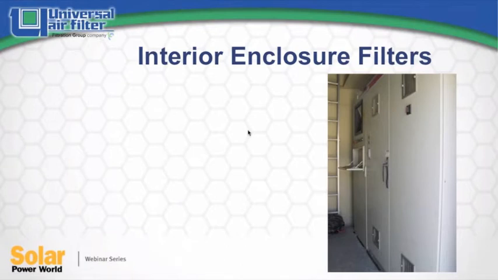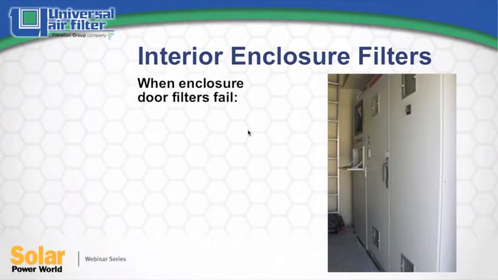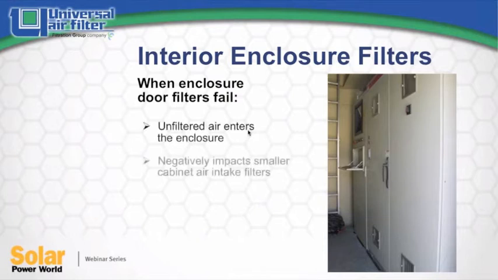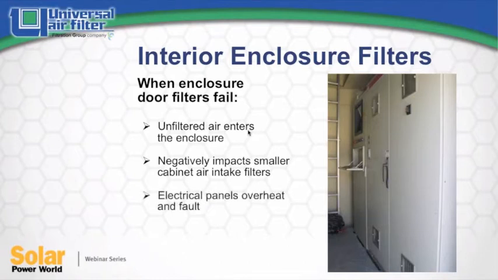When enclosure door filters fail, it's not good for sophisticated equipment housed within. When the doors fail, unfiltered air enters the enclosure. This will impact smaller cabinet intake filters, electrical panels overheat, and energy production fails.